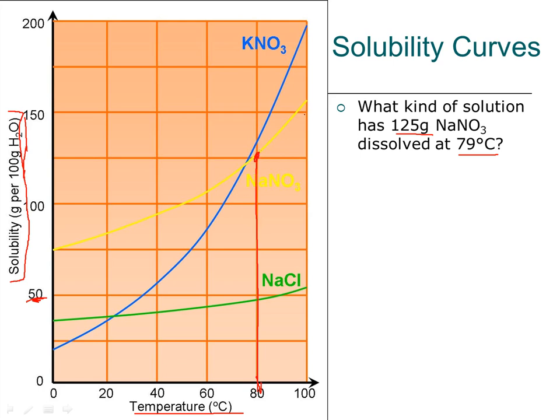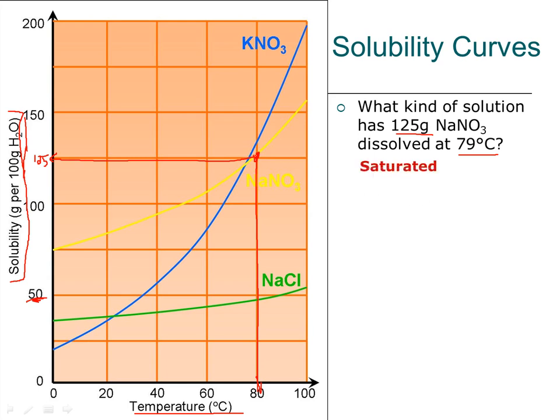We're right on the solubility line for sodium nitrate. So that would hold right between 100 and 150. That would be 125 grams. So if you have a solution that has 125 grams of sodium nitrate and it's at 80 degrees, it's right on this line. And that line there is what we would call a saturated solution.